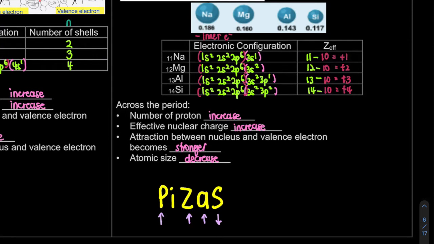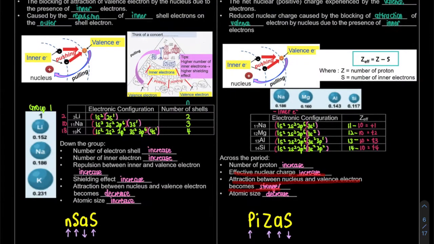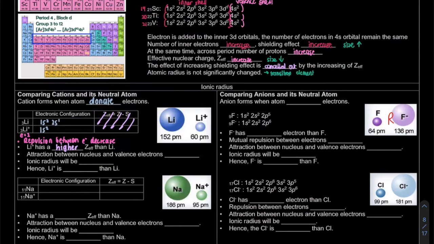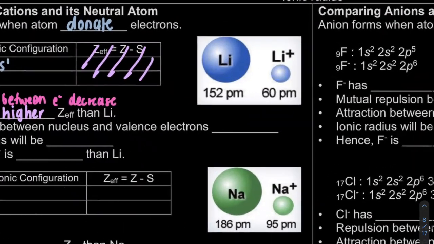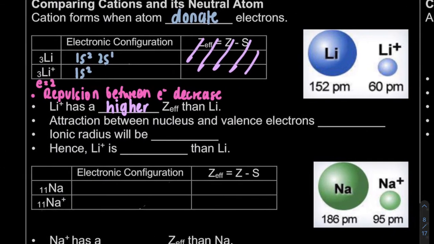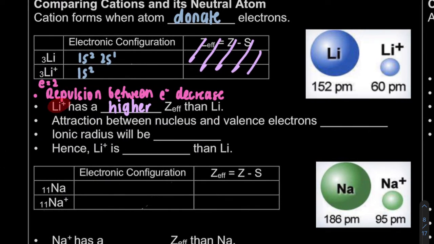So if the effective nuclear charge increases, the attraction between the nucleus and the valence electron becomes stronger. Maknanya tadi kita sudah kata Li plus has a higher Zeff, so the attraction between the nucleus dengan valence electron for Li plus will increase juga. Contohnya ada nucleus di tengah, kita ada electron di sini.